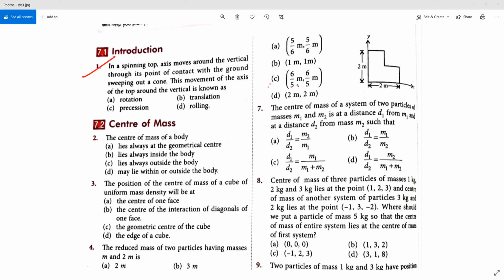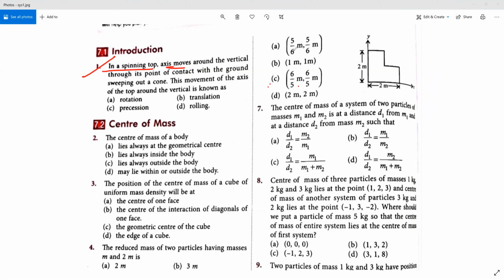In a spinning top, the axis moves around the vertical through its point of contact with the ground, sweeping out a cone. So this movement of the axis of the top around the vertical is known as... So we are solving the first one. So go through the question.